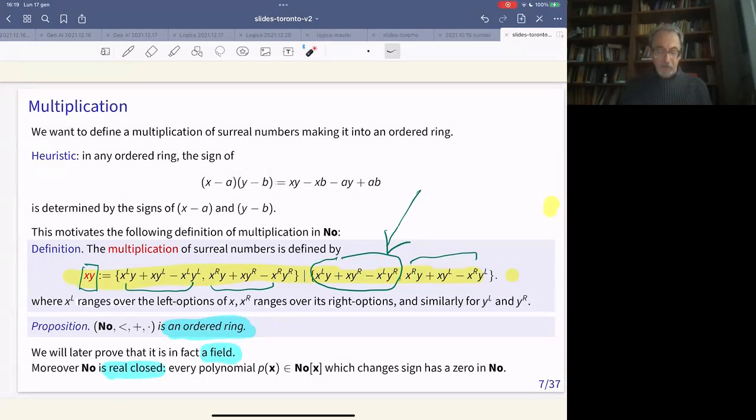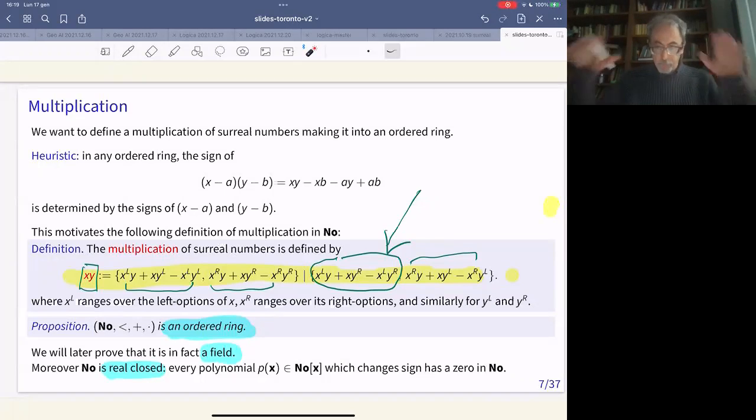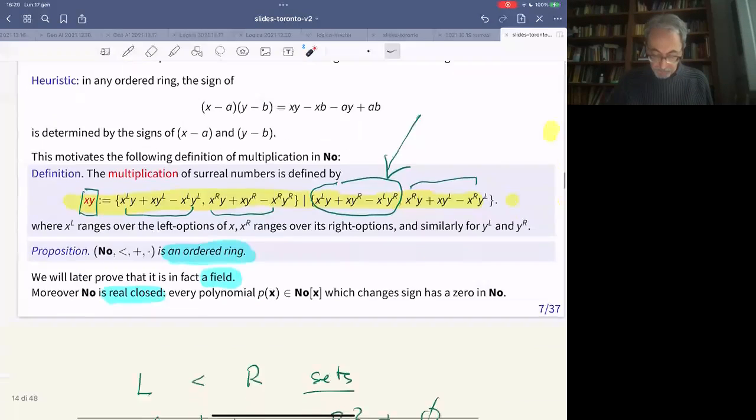It's a non-standard model of the reals, but unlike the models which are usually constructed using, I don't know, ultrapowers or things like that, it's very concrete. You don't need the axiom of choice to define this non-standard model. All the operations can be very concretely defined, especially if you put a limit on the height of the tree.